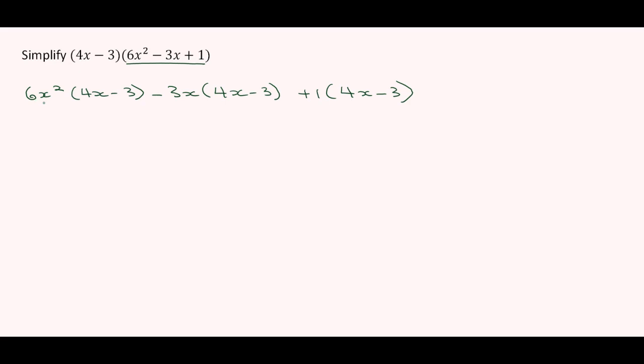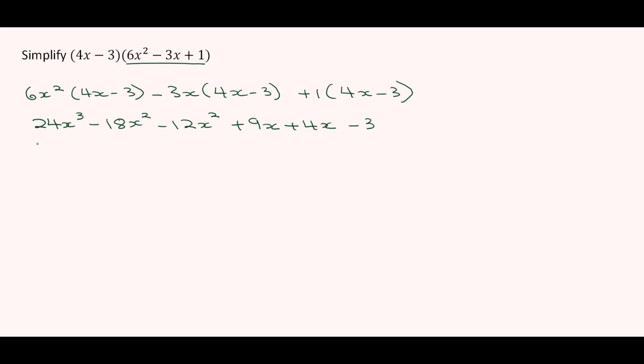So 6x squared multiplied by 4x is 24x cubed. Then I have minus 18x squared minus 12x squared plus 9x plus 4x minus 3.